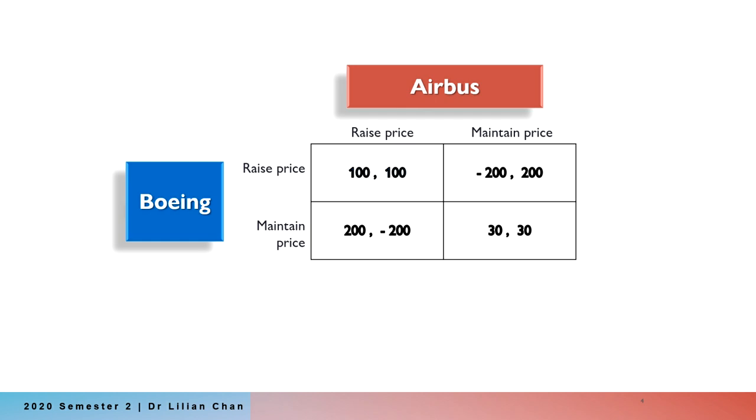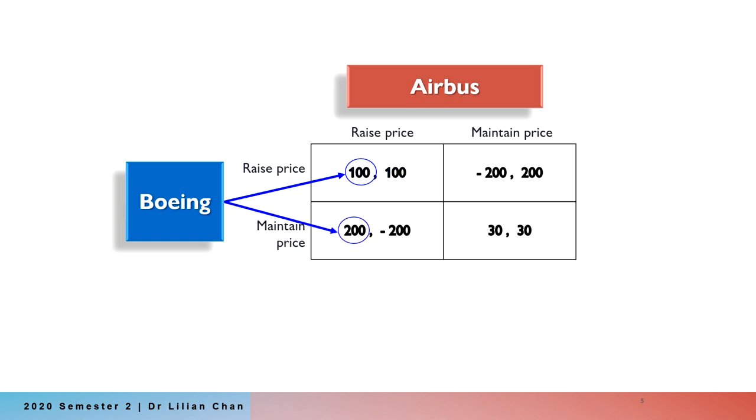How should we read this matrix? There is a standard method for reading a payoff matrix, and it's done this way. You can see that in each quadrant, there are two numbers separated by a comma. The numbers on the left-hand side of the comma, in other words, the numbers before the comma, belong to player 1, which is Boeing.